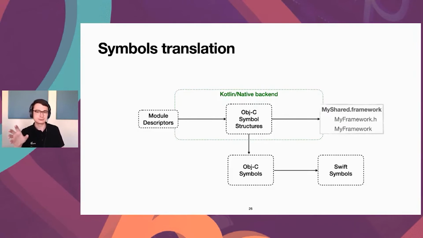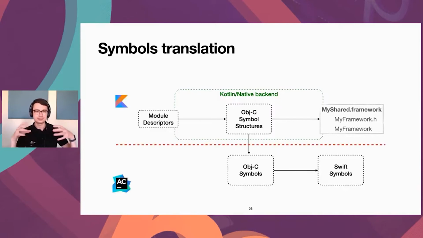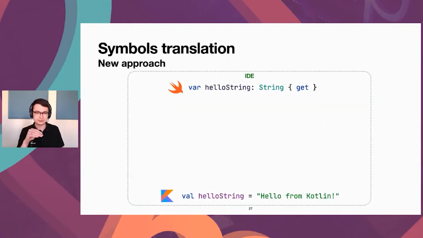If you look at this from the top, what is above the line happens on the Kotlin compiler side, and what is under the line happens on AppCode's side. And now, what does this translation process look like? You have this Kotlin symbol. Then you generate some internal compiler structures.